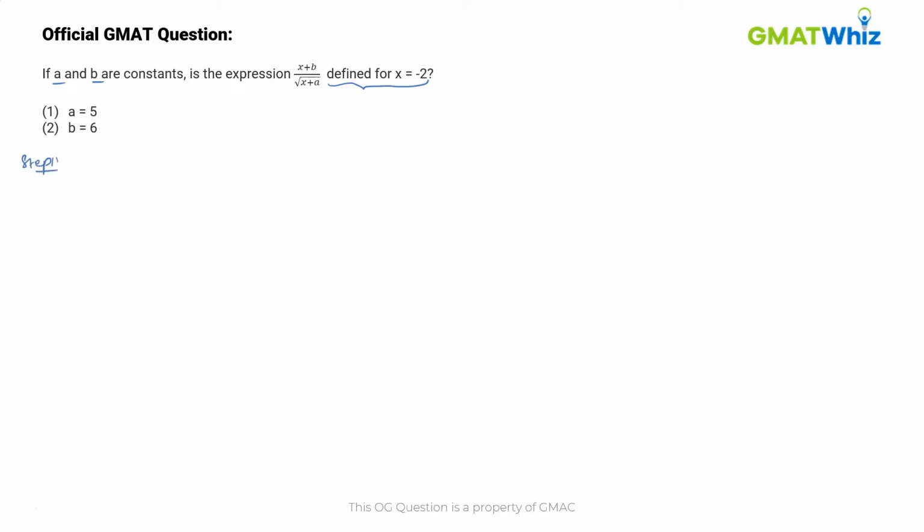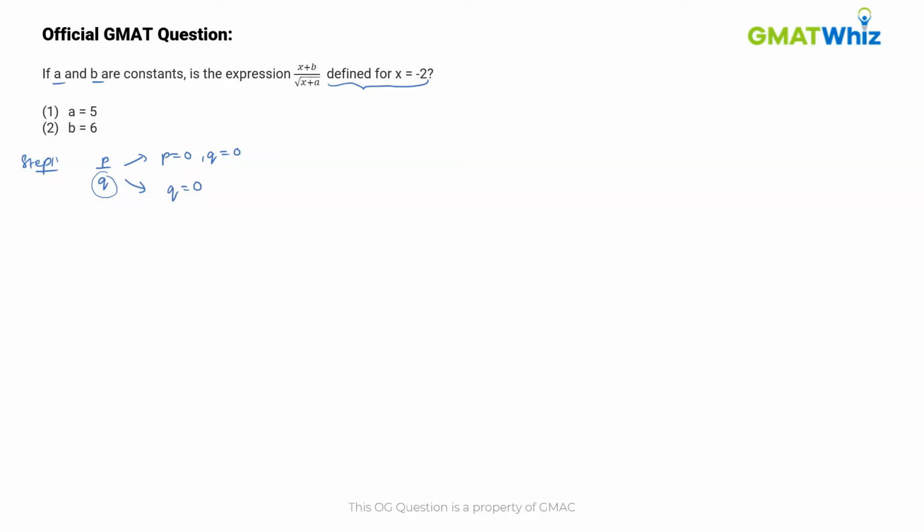So suppose we have a fraction p by q. Now this fraction will not be defined, or we will not get a value, when the denominator of the fraction is equal to 0, or q is equal to 0. So for a fraction to be defined, the value of the denominator should not be equal to 0.